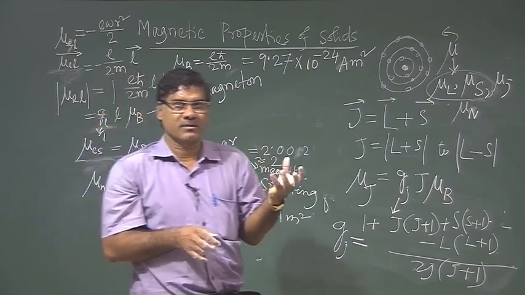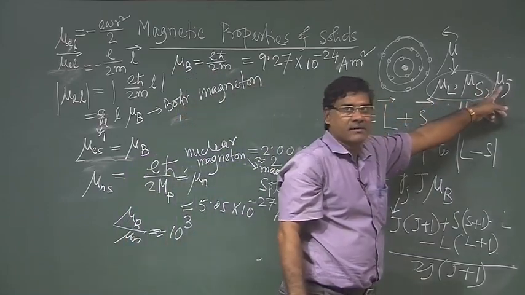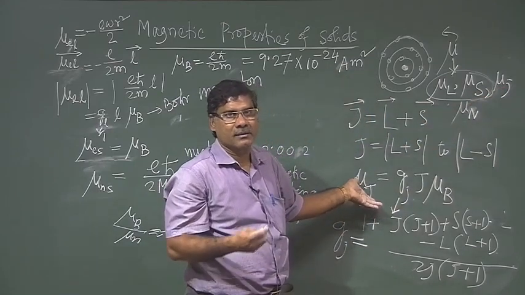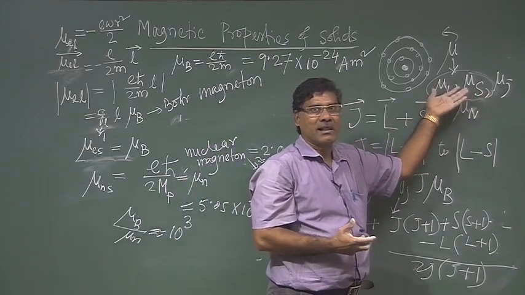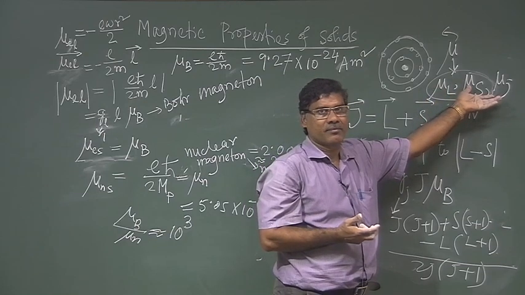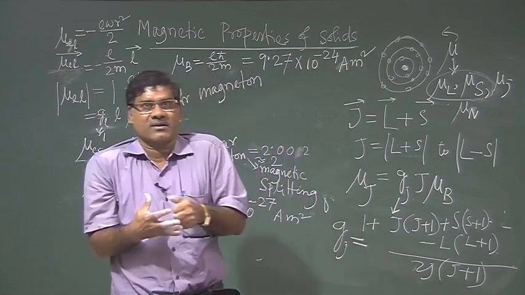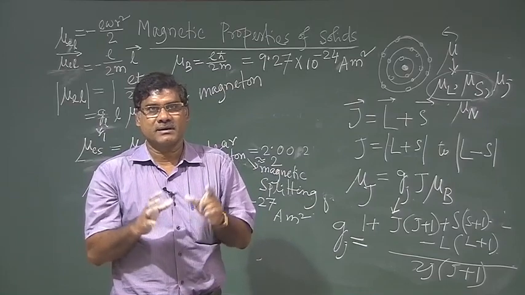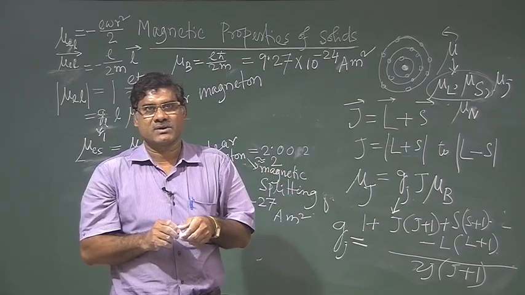If outside, for an atom, its total magnetic moment is mu j, inside the material it may not show mu j. It may show only mu L or only mu S. That depends on the effect of the surrounding atoms, the influence of the other atoms in the material.